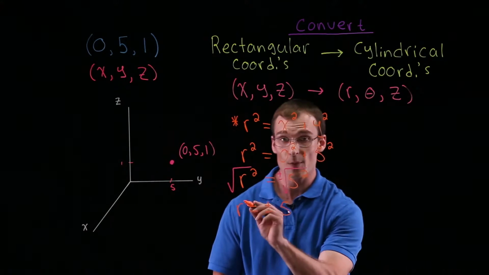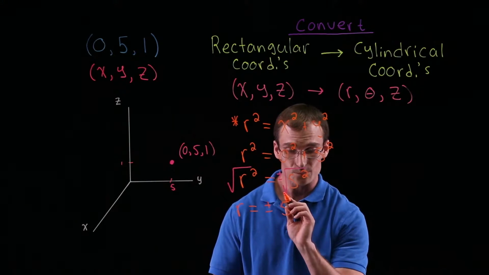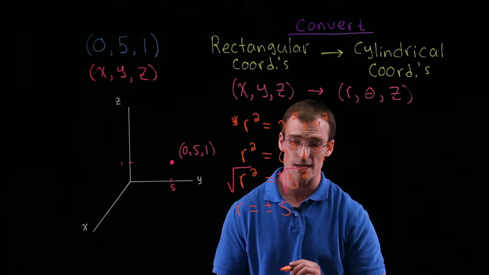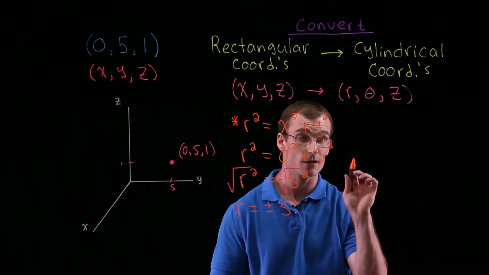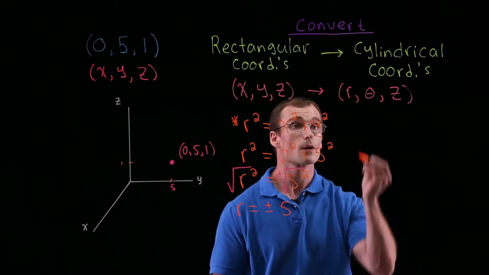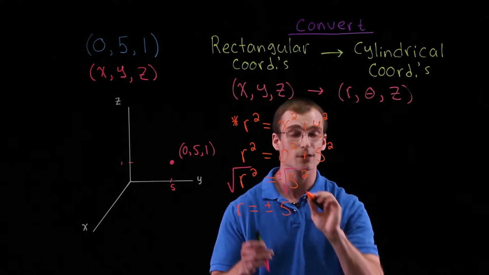That tells us there could be two possible values of r. We're only going to choose one of them, but we'll come back to that in just a second. We'll determine which value of r to use when we determine which value of theta in the next part.